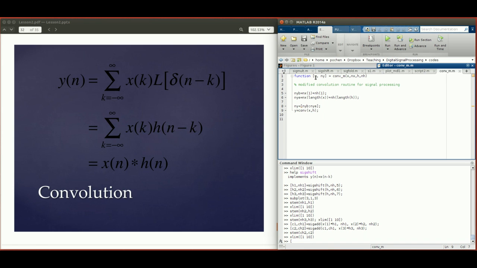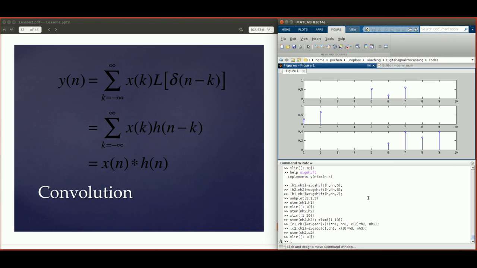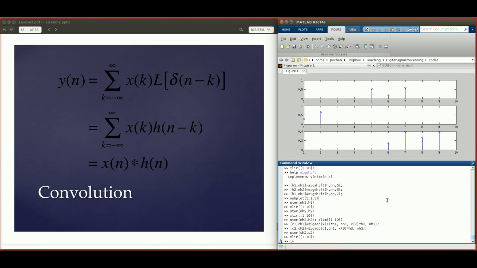What's the way for calling it? ny equals conv_m, and then the inputs are our two signals, x, n, and h, nh, right?